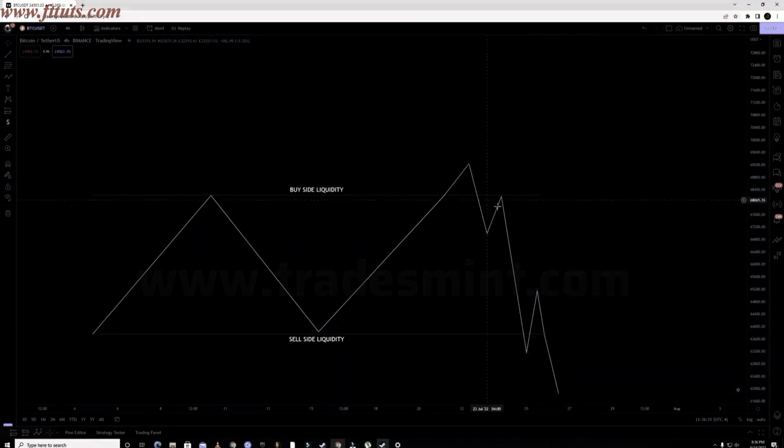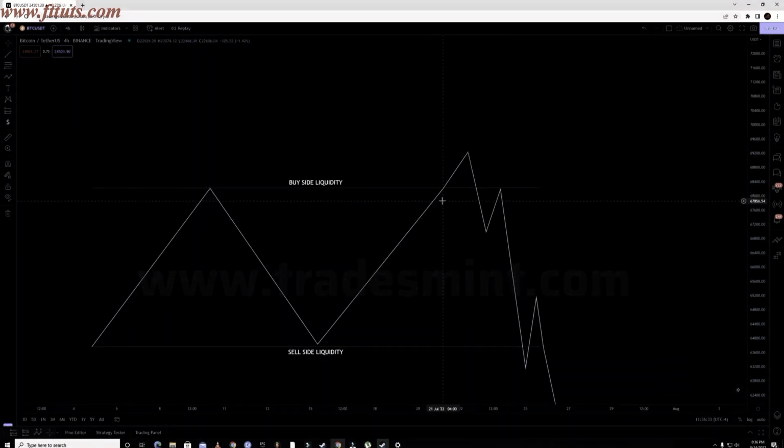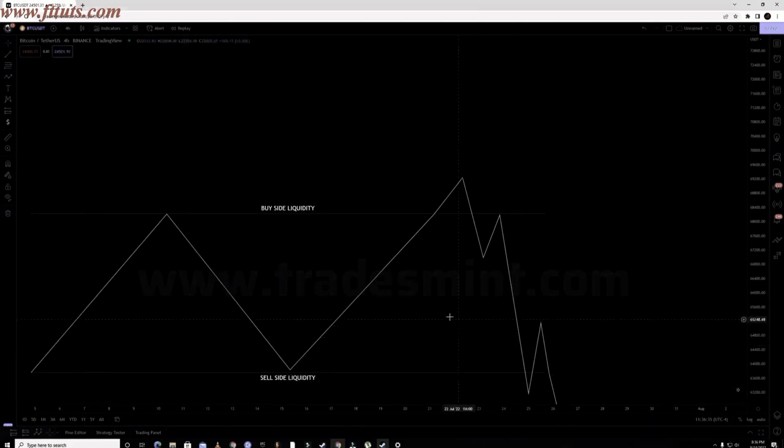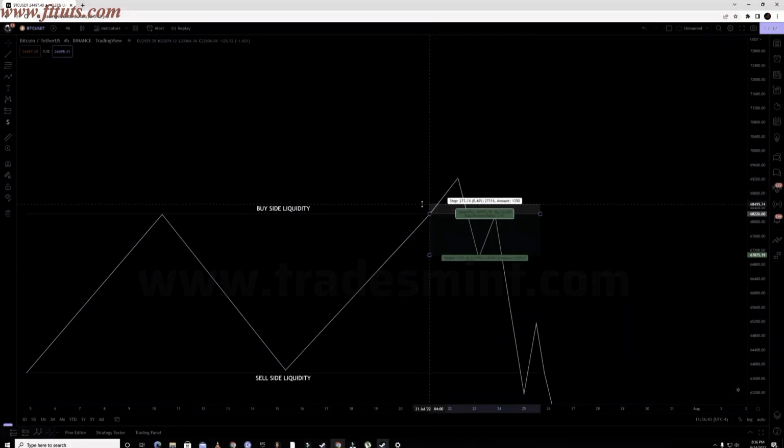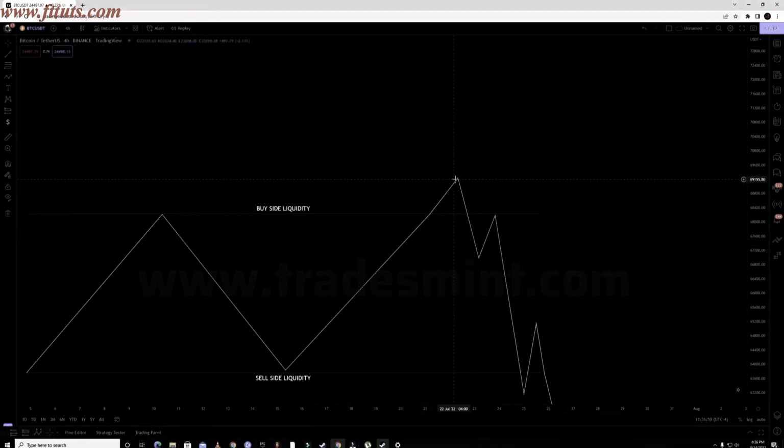So now what really happened here? All right, a lot of retail traders go short on the resistance level and they put their stop losses right above the resistance level. All right, so what price does, it stops you out.